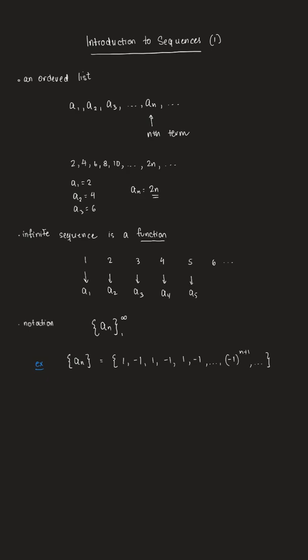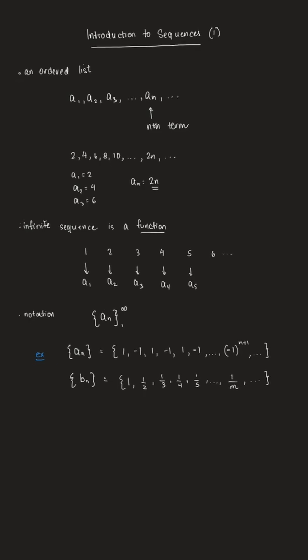Another example might be, and this time I'll call it b sub n, the sequence 1, 1/2, 1/3, 1/4, and you can see here there's a pattern, and this pattern we imagine keeps going, and the nth term would look like 1 over n, and that keeps going.